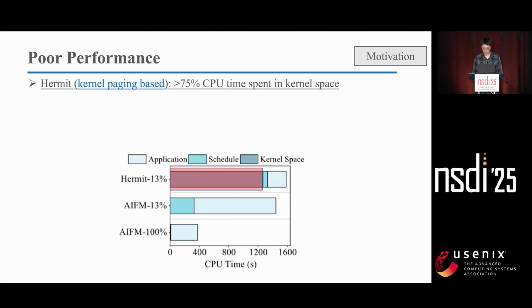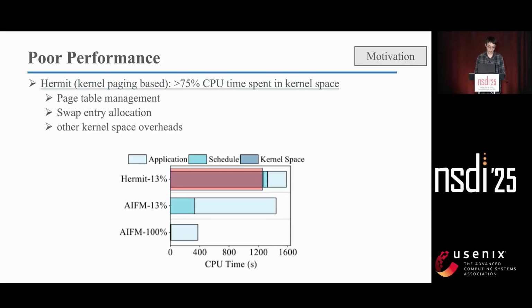Hermit is developed based on the Linux paging and swap system. It is transparent for applications. It manages data at the page granularity. We can see that over 75% of the CPU time is spent in kernel space because of page table management, swap entry allocation, and other kernel space overhead.